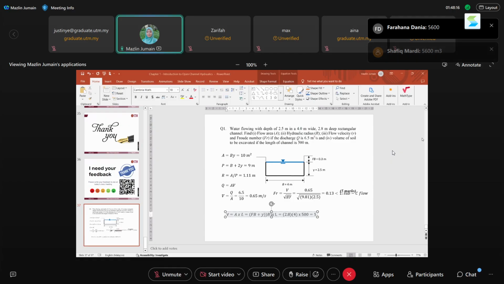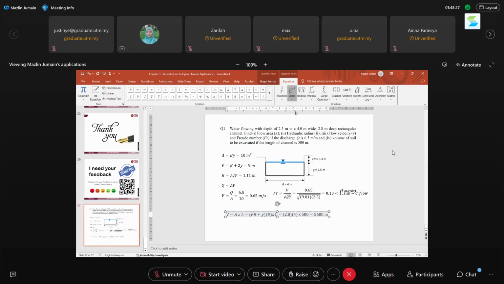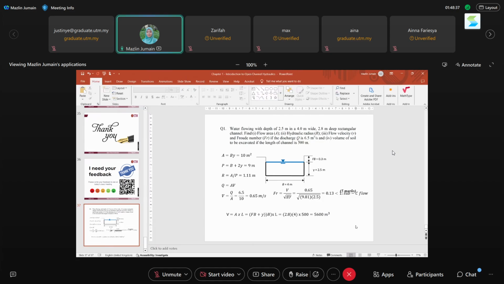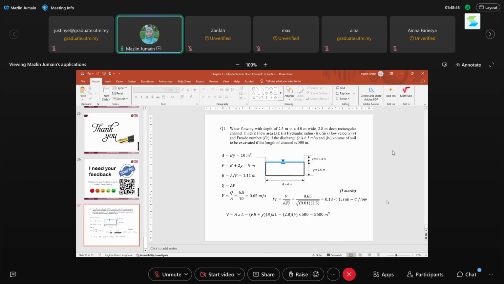Try recalculate. So you will get 5,600 meter cube. Okay. This is the example for rectangular. So for rectangular it is quite easy.